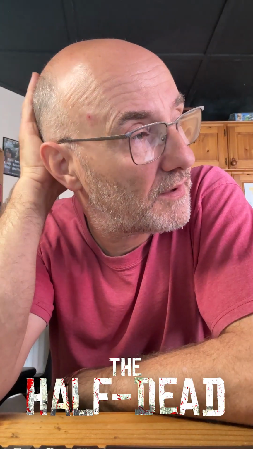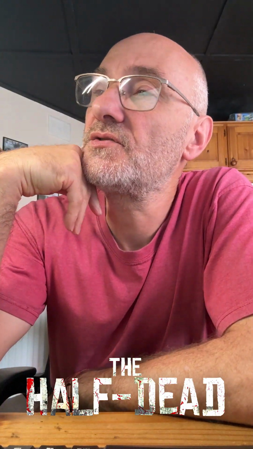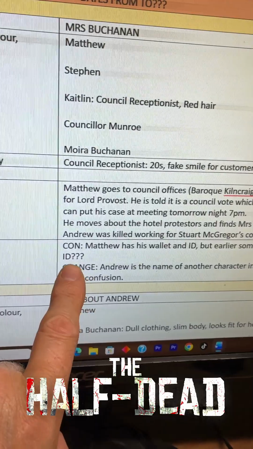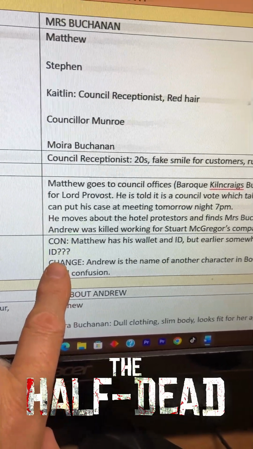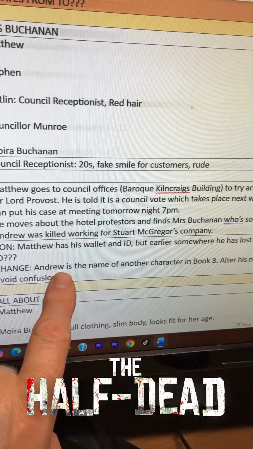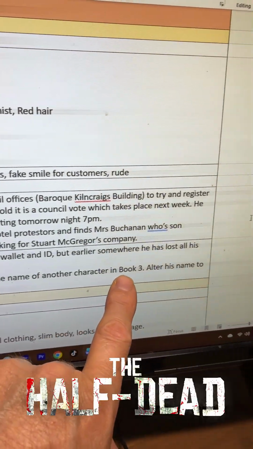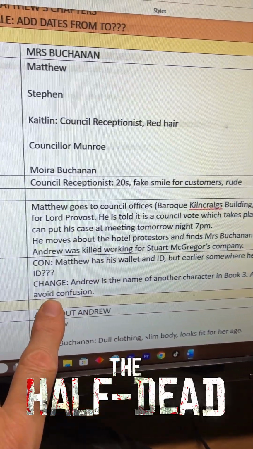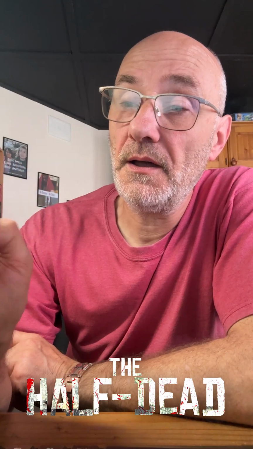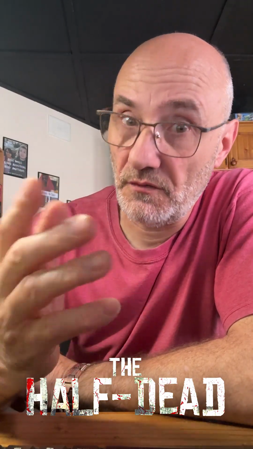And then I've also got a couple of instances where two characters have got the same name. For example, in this particular chapter, there's a character called Andrew who doesn't appear, he's just spoken about by another character. But it's also the name of a character in book 3, which I've already published.